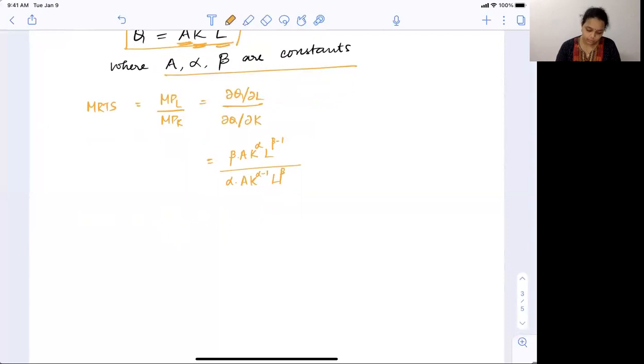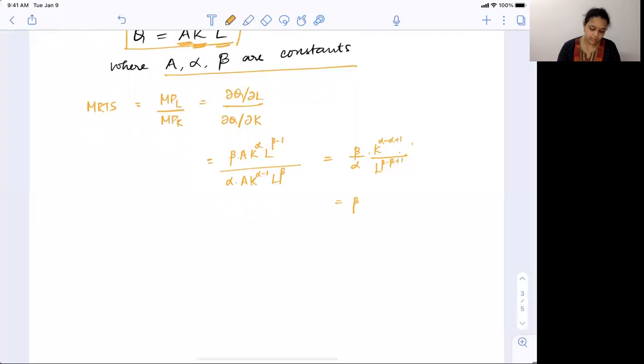So A gets cancelled off, so we have beta by alpha, and this will be K to the power alpha minus alpha plus 1. I'm just moving the K from the denominator up top, and moving the L from the numerator to the denominator. So we'll have L to the beta minus beta plus 1.